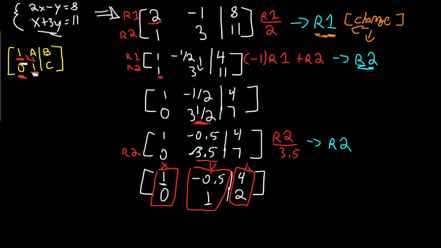And these are your constants. I'll just put k for constants. So let's rewrite that. Our new linear equations are: 1 times x is x, minus 0.5 y, and our constant, this line is basically like an equal sign, so equals 4.